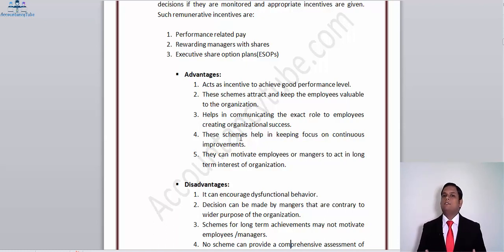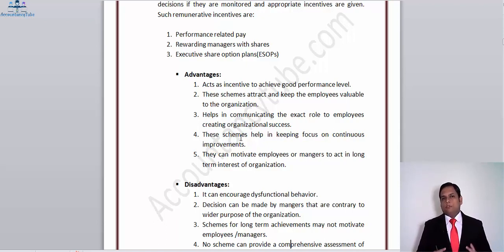If those directors, instead of moving on to bigger companies, intend to make the company in which they are at director level a big company, then these schemes help keep them in our organization. It helps communicate the exact role to employees, creating organization success.